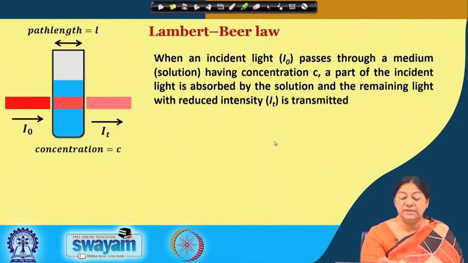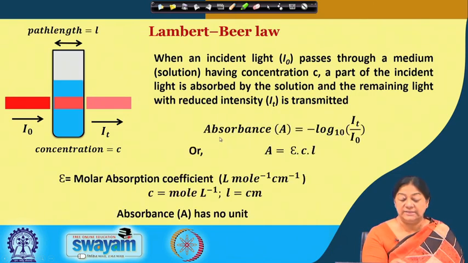Now, we have an absorbance given by an expression that relates the transmitted light to the incident light, and we get the expression that the absorbance is equal to epsilon Cl, where epsilon is the molar absorption coefficient, C is the concentration, and L is what is called the path length.